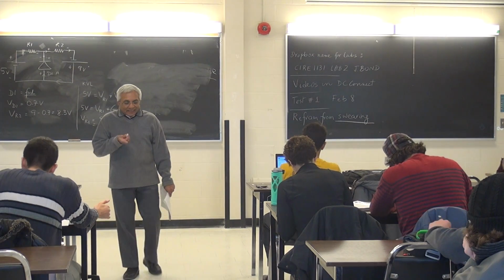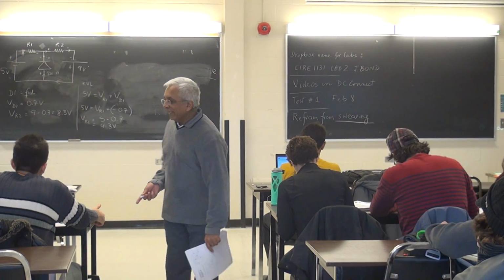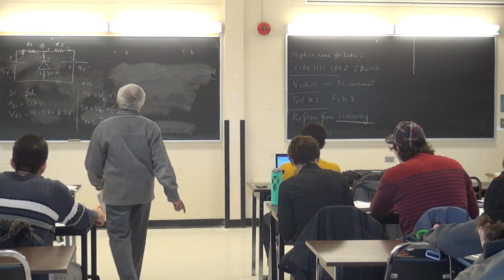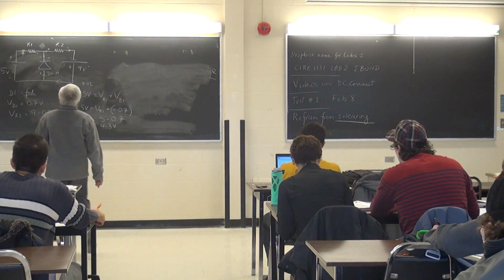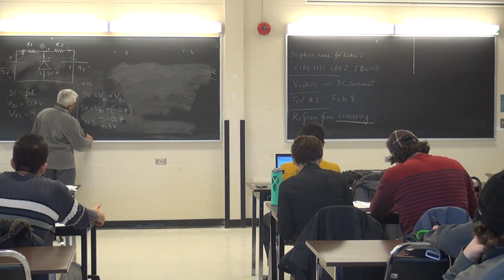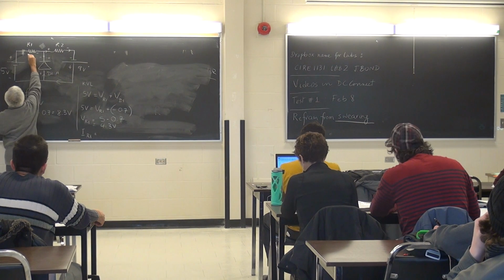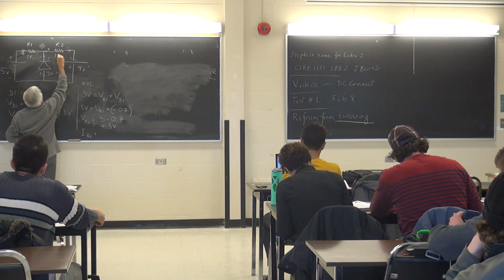Because I've got a diode in this circuit, it makes this circuit special. It behaves special. And therefore, I can now calculate IR1 here. Both resistors are 1K.